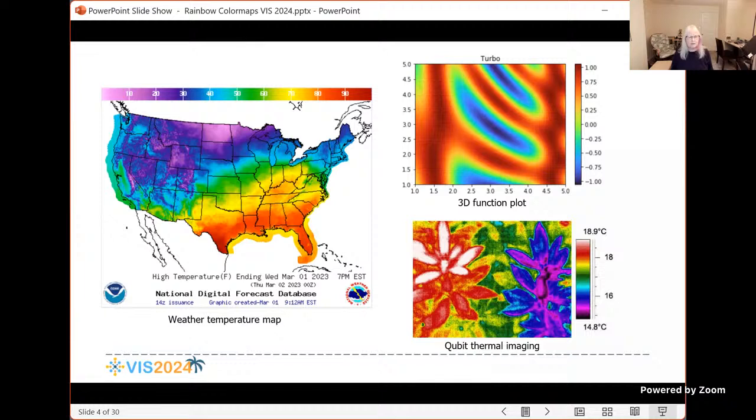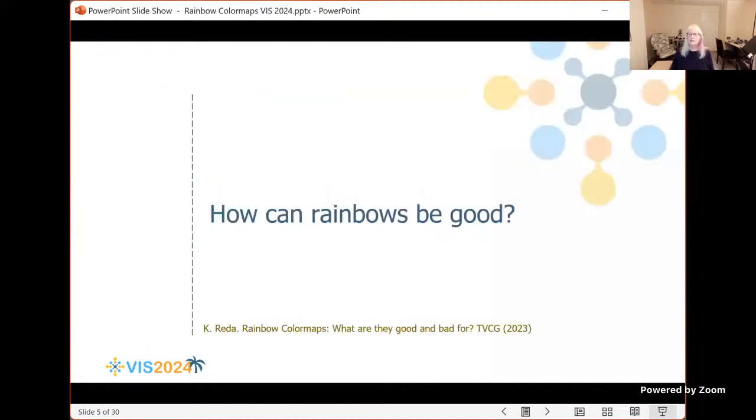They seem to like it, they're getting real work done, and they prefer it over more correctly designed color maps. So maybe it's time to ask why. Instead of continuing to preach about why rainbows are bad, we should say, how can rainbows be good? And I want to pause here and point out the work of Carrie Retta, who is also asking this question.